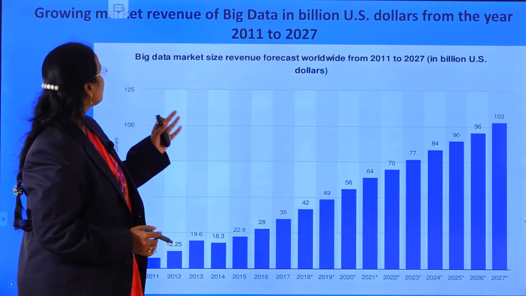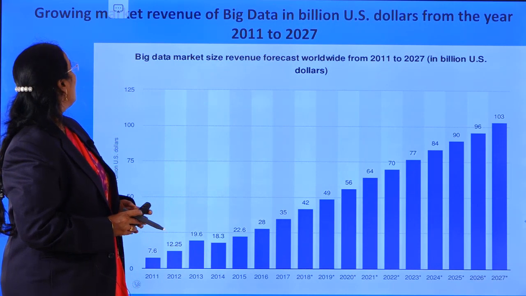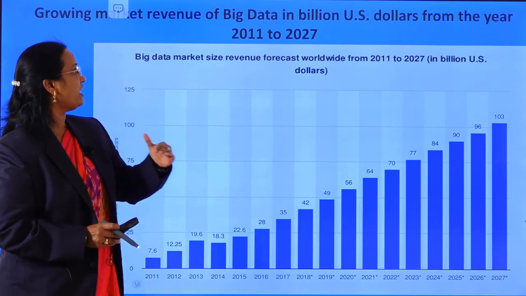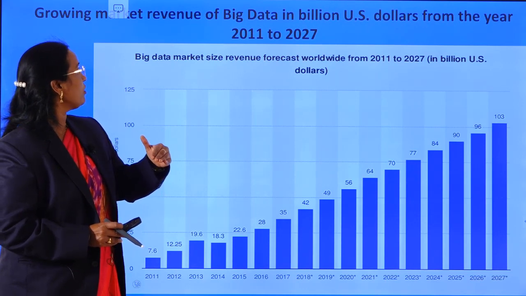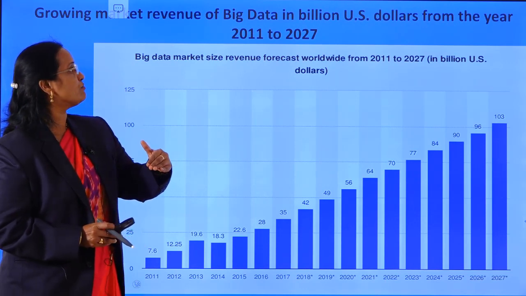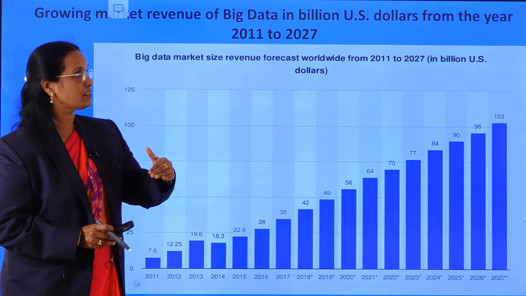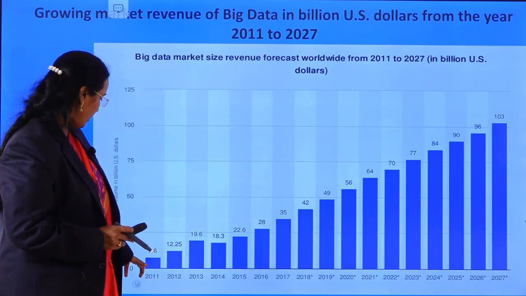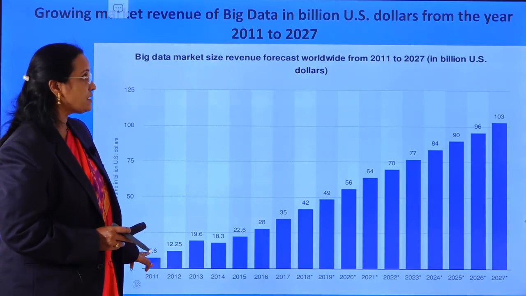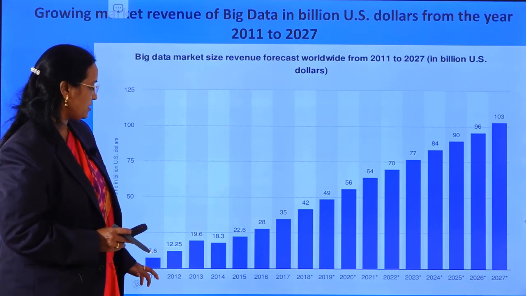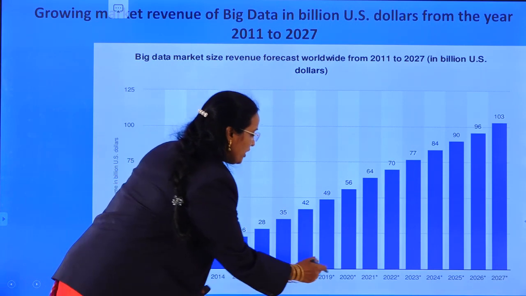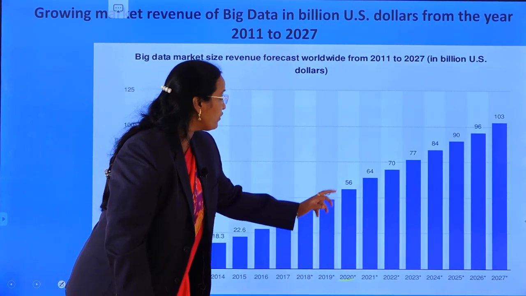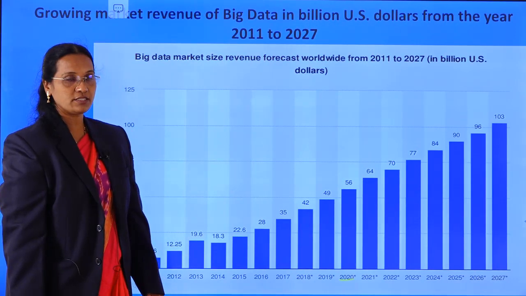This slide is showing how the market revenue of big data is growing. We are seeing the market revenue of big data in terms of billion US dollars. From 2011, it was just 7.6 billion US dollars. But now in 2020, it is somewhere around 56 billion US dollars.